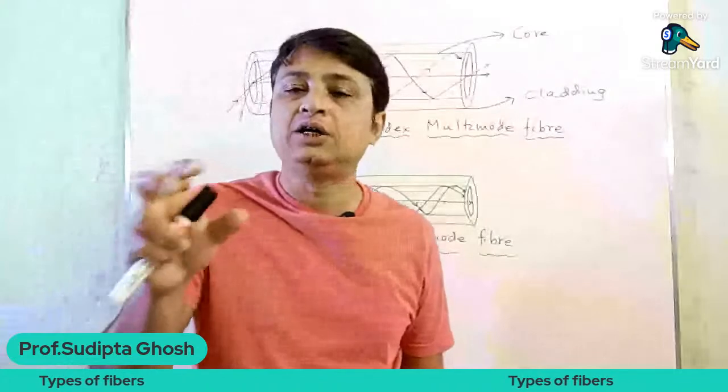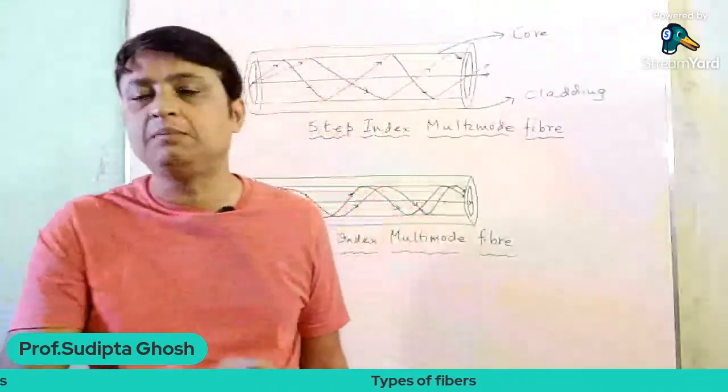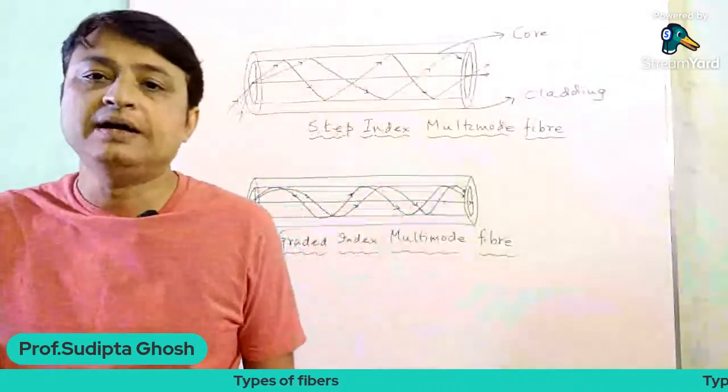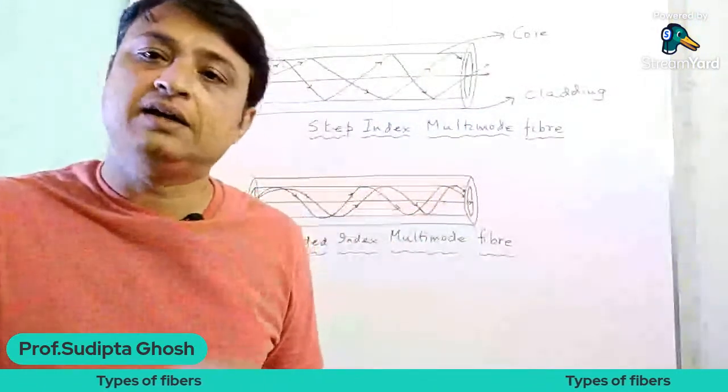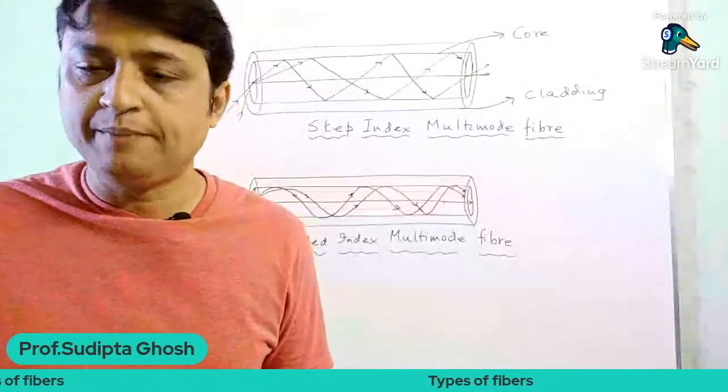So these are the two types of optical fibers depending upon the refractive index variation of the core. Okay?